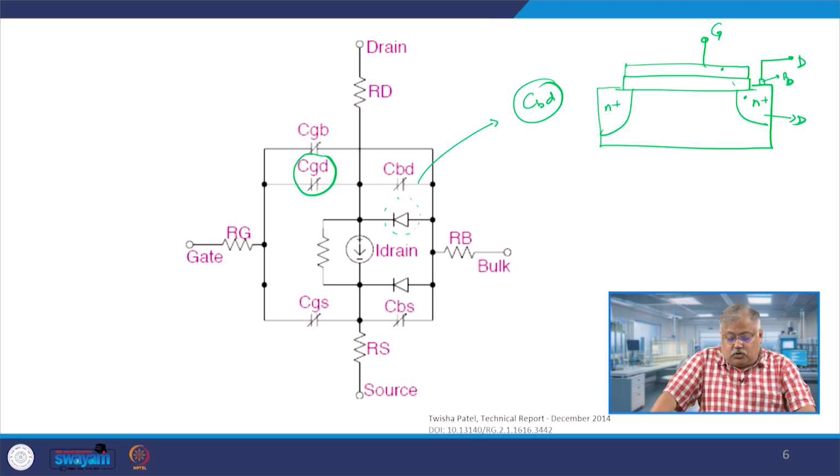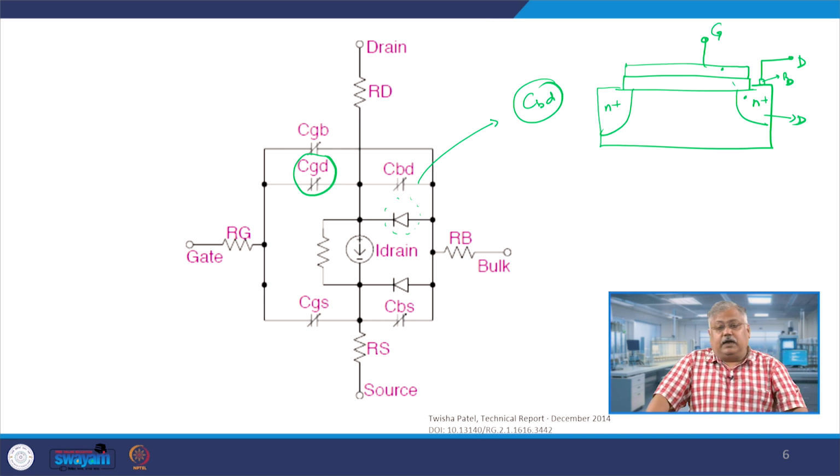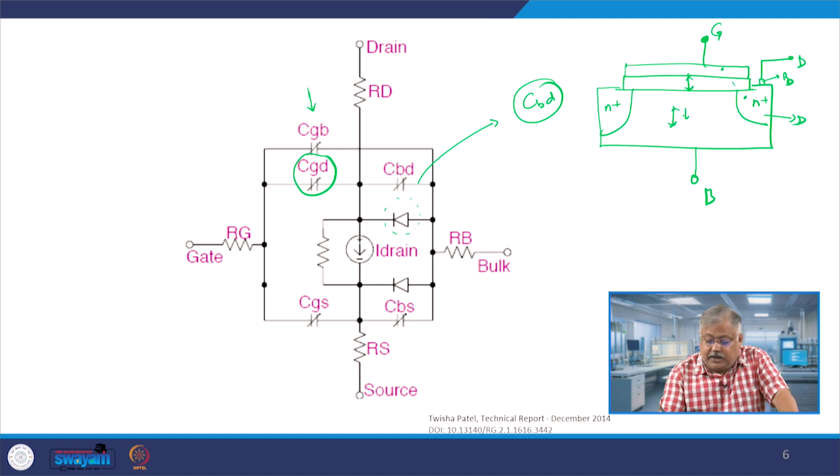And if you look very clearly, gate to drain is in a sense a constant value, but its value depends upon how much overlap there is of the drain end with that of the gate end. Similarly, CGB, which is the gate to bulk or gate to body capacitance, is primarily from this point to this body point, where you have an oxide layer here and you will also have a depletion layer here.